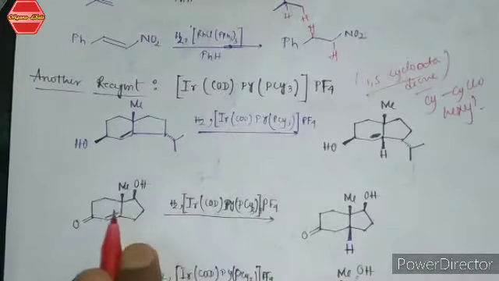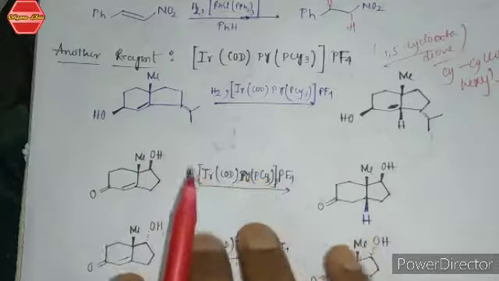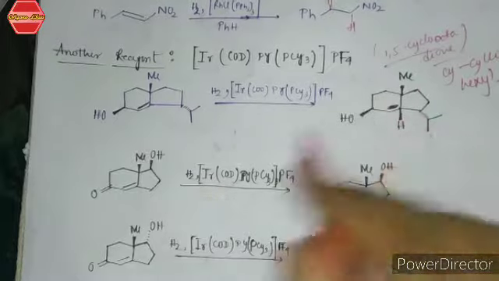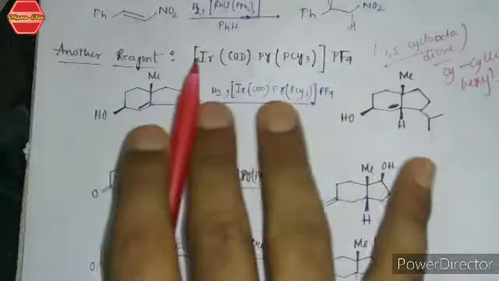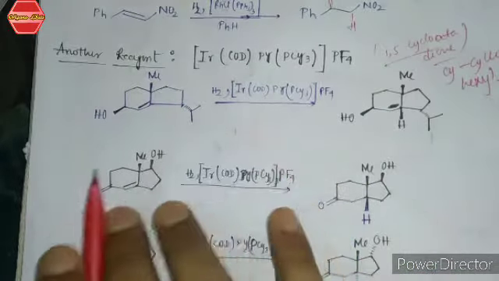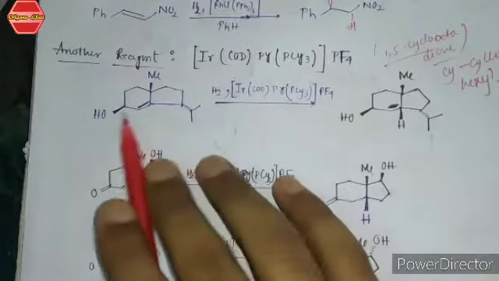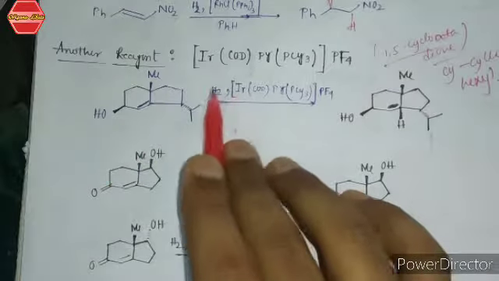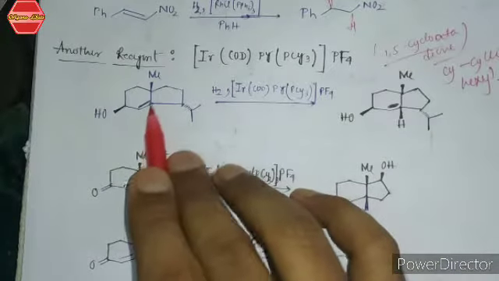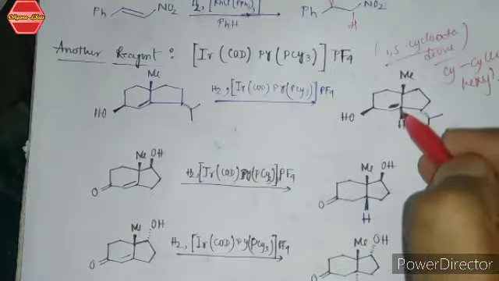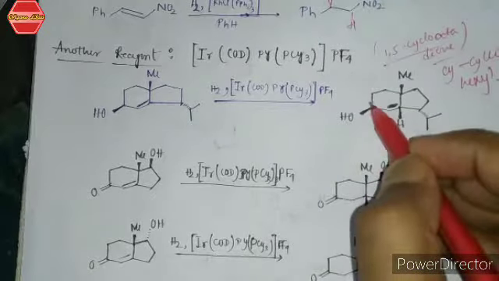Now there is a very particular selectivity: the OH group in the compound determines the side from which hydrogenation takes place. This reaction looks like the Simmons-Smith reaction or mCPBA-type addition. This OH group determines the side from which this double bond will be reduced, and the hydrogen is attached to this carbon. This hydrogen is on the upside because this OH is on the upside.